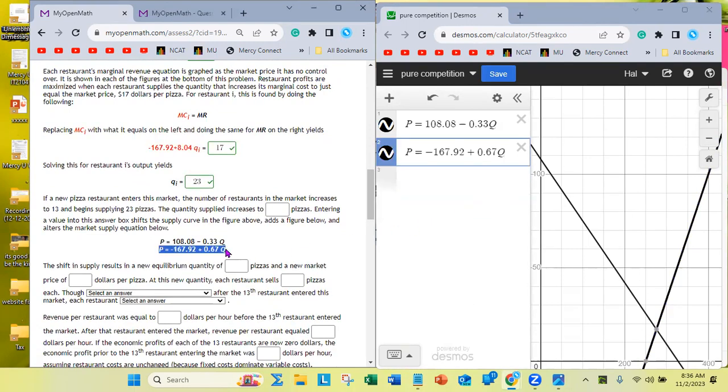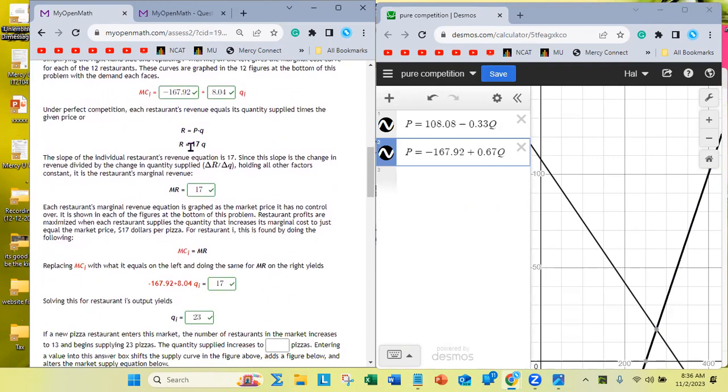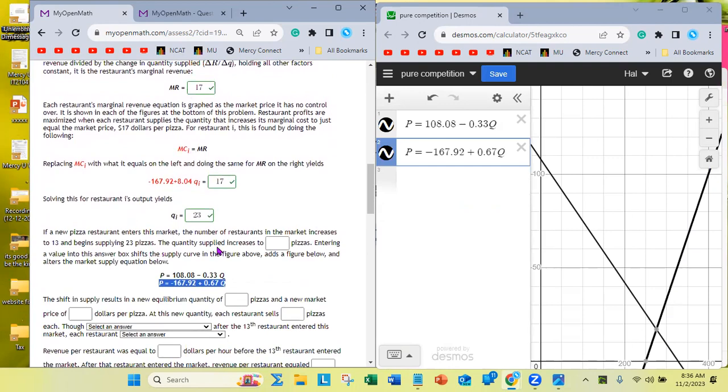Sorry, I've got to do one thing first. This is the original supply curve, right? It hasn't shifted yet. It's still 167.92. Okay, so if a new pizza restaurant enters the market, the number of restaurants in the market increases to 13, and that new restaurant begins supplying 23 pizzas. So how much quantity is being supplied now? Well, you've got 23 times, not 12, but 23 times 13, right?